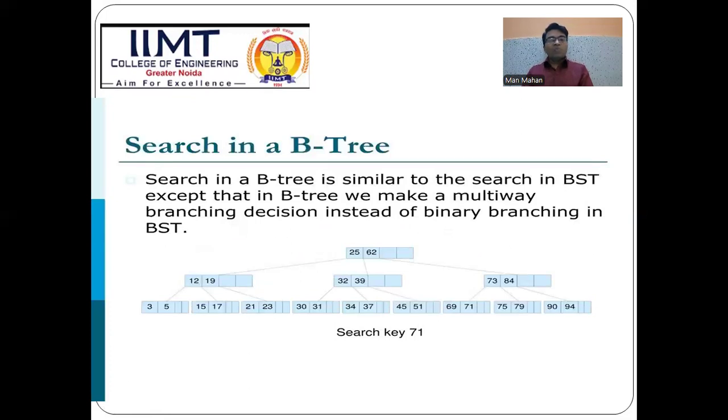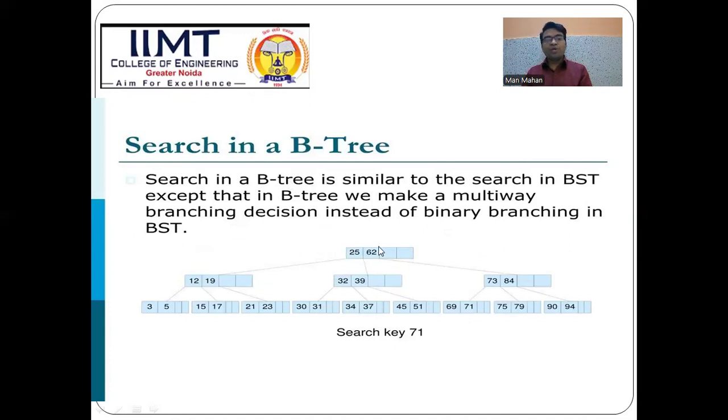Now another example of search in the B tree. We take another example, search key 71. Now we can see 71 is on the right side of the root node.